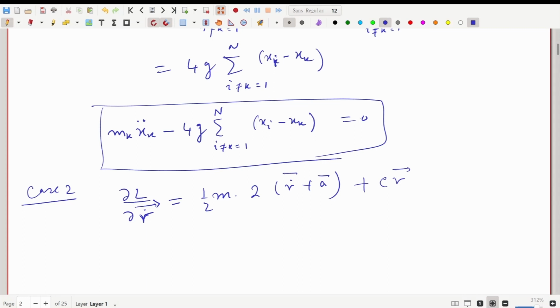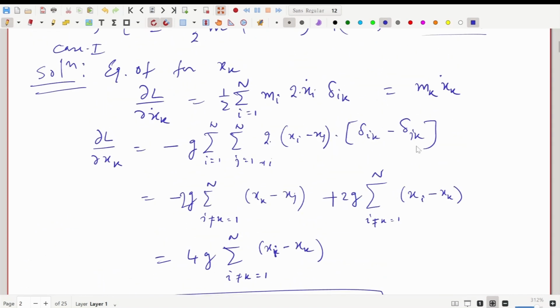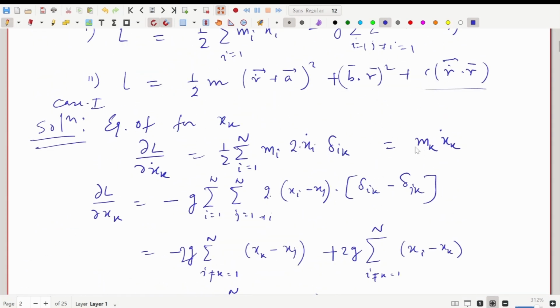So when I differentiate with respect to a vector, the right hand side will be a vector, because L is a scalar. This is the attention you have to pay. Similarly, when you differentiate del L by del r, see where the r vector is appearing: in the middle term and the last term.